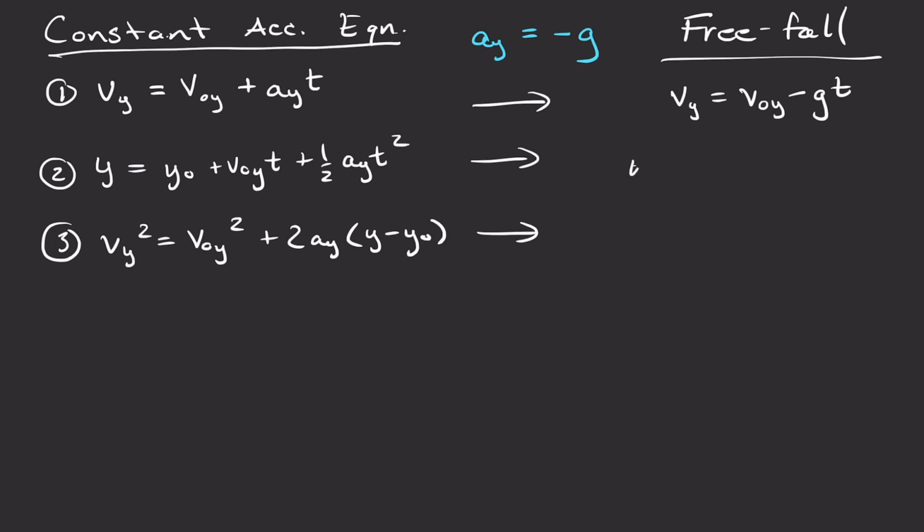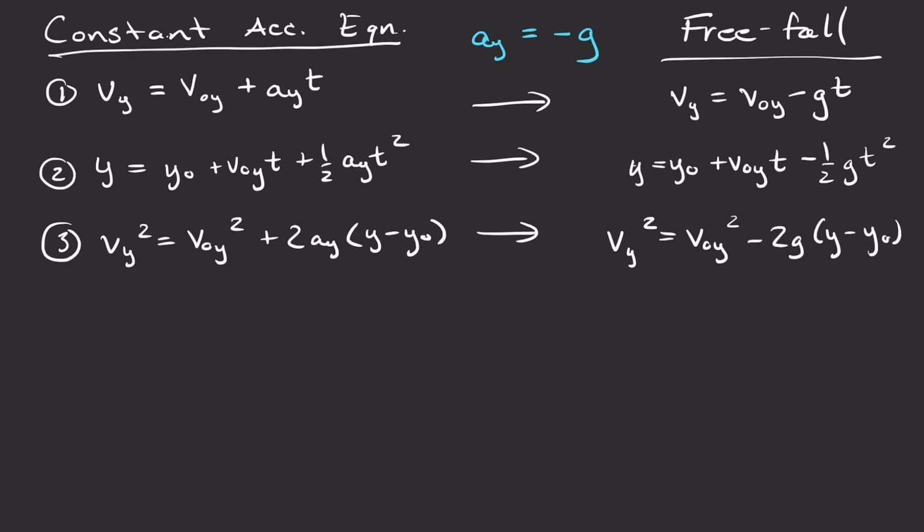This one, y equals y naught plus v naught y t minus 1/2 gt squared. And the last one is vy squared equals v naught y squared minus 2g times y minus y naught.